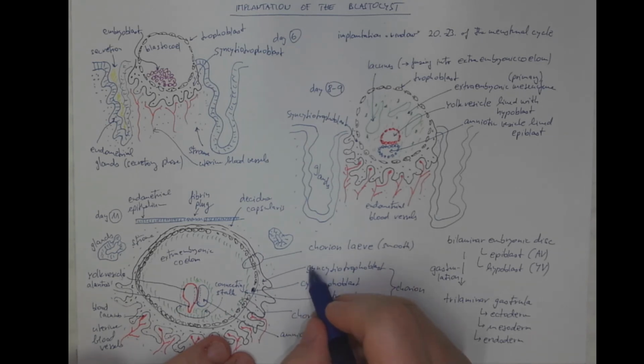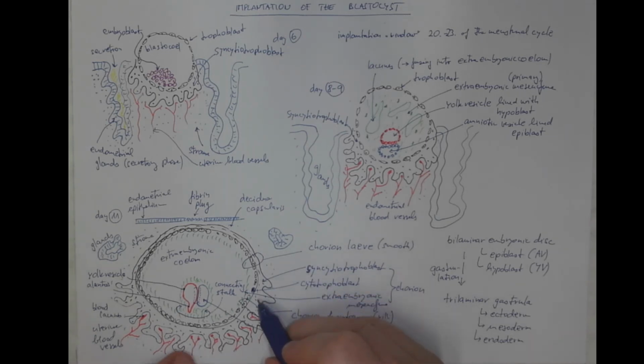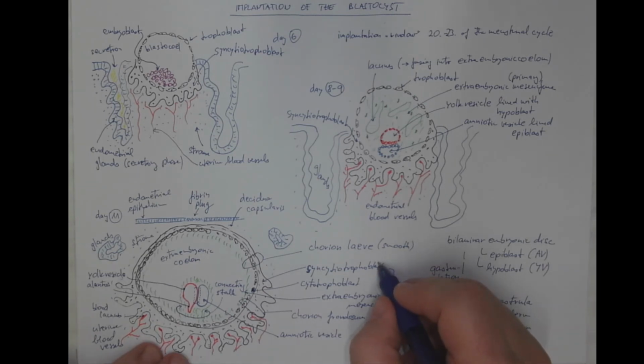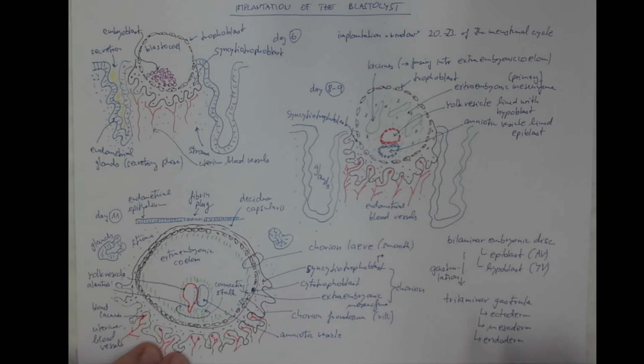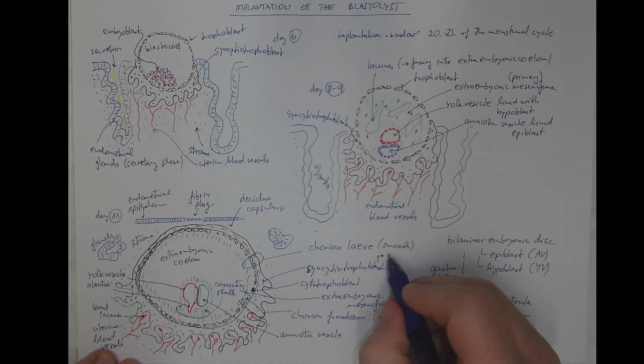One note to the Syncytiotrophoblast here: it's a huge mass of tissue that is producing, among others, a hormone that is so specific for pregnancy that it's used as a biochemical pregnancy test. The name of this is HCG, which stands for human chorionic gonadotropin.